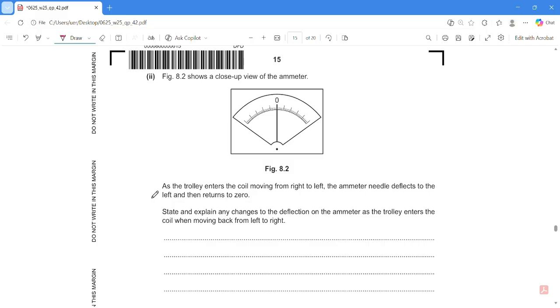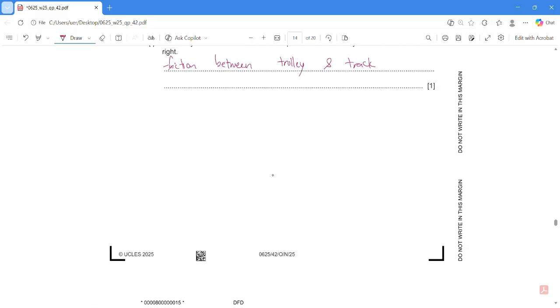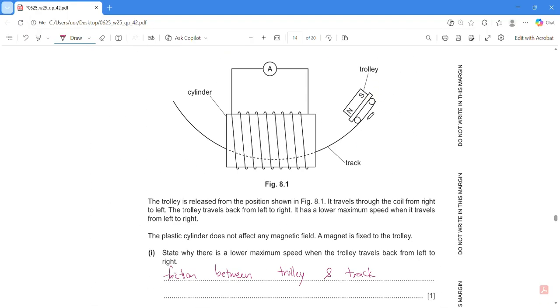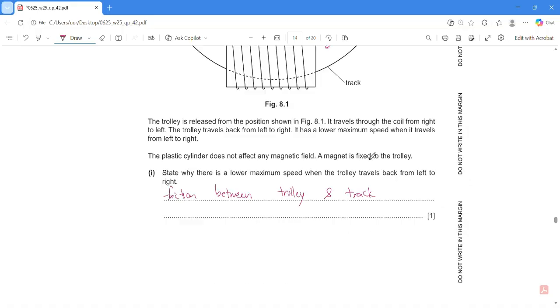And 2, as the trolley enters the coil, moving from the right to the left, it deflects, and then moving back from left to the right. So what happens is the direction is still the same, because you can see the pole on the magnet going in is north here, but when we go back it is south going in this direction.